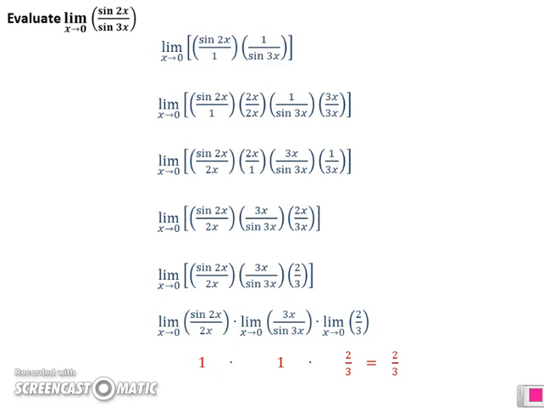Okay, that's the long way. Let's do L'Hopital's rule. Because again, if you plug in 0, top and bottom, you're going to get indeterminate, 0 over 0. So let's just take the derivative of both. Remember, the derivative of sine is cosine. You leave the stuff inside alone, and then you multiply by the derivative of the stuff inside.